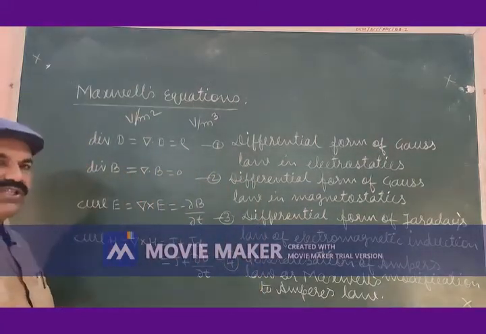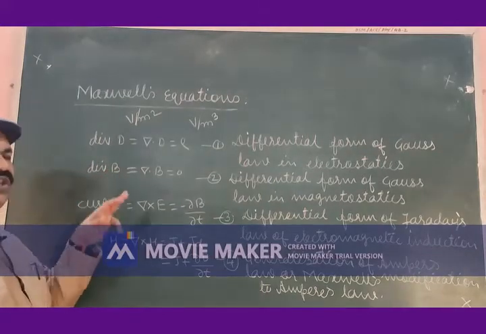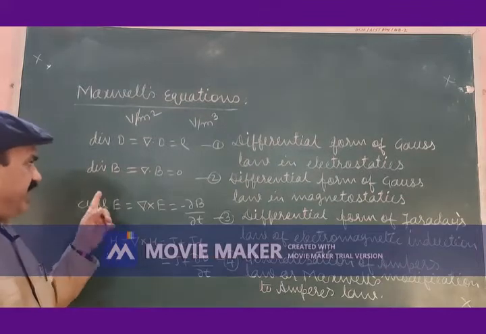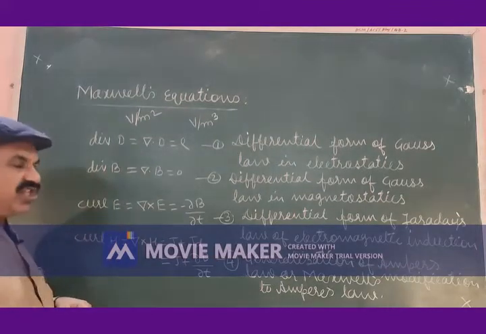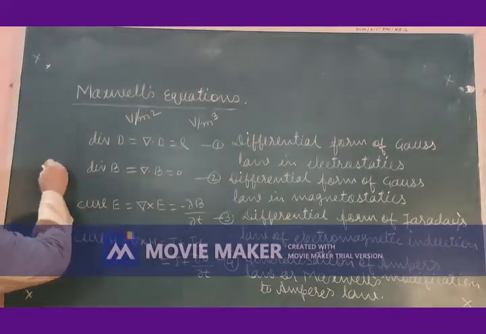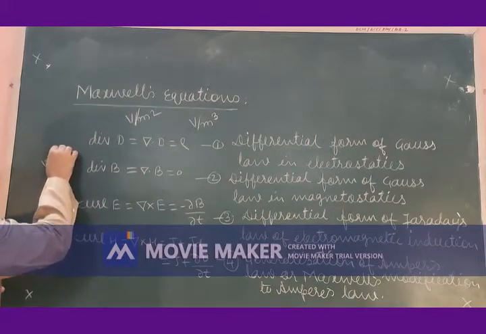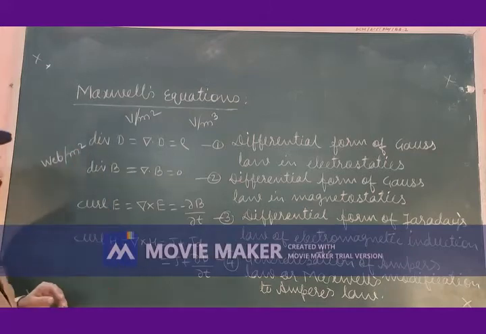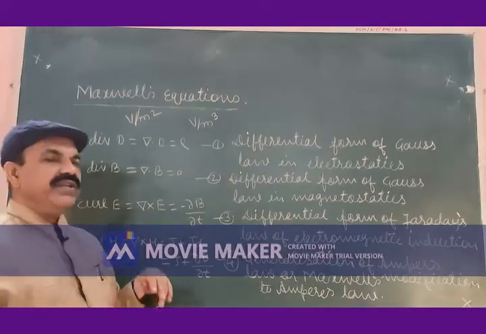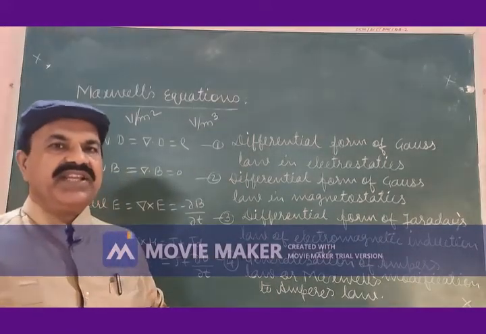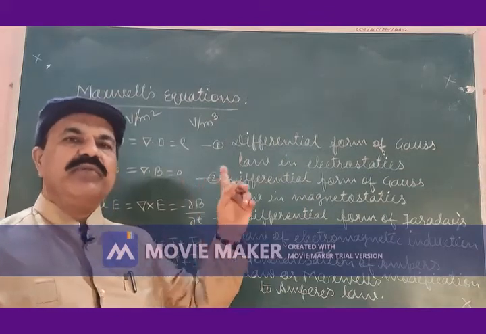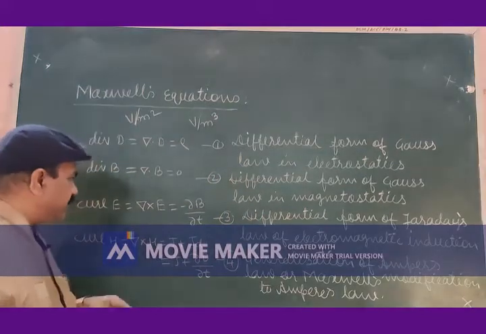Let us come to the second equation. B is magnetic induction. It is measured in Weber per meter square.